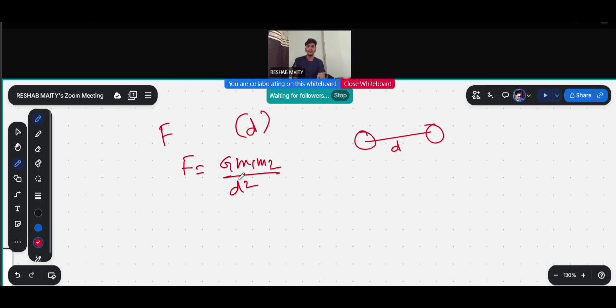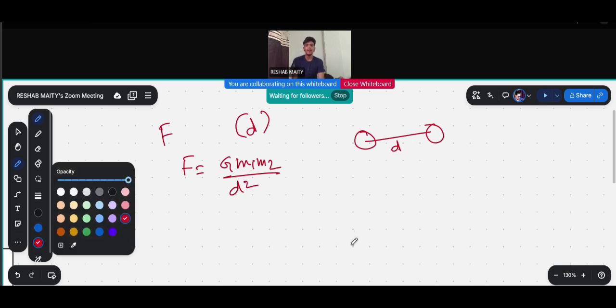You will face questions like: if we halve the distance between two objects, if we double it, if we triple it, how will the gravitational attraction force change? I will tell you a trick. It's quite easy to calculate, but you don't need to calculate it. It will save your time.